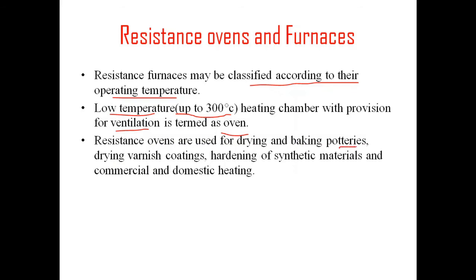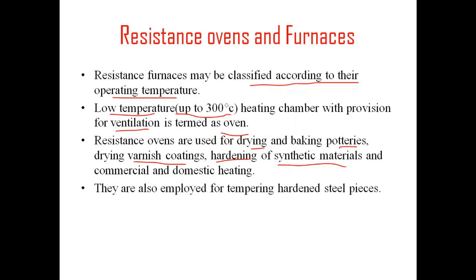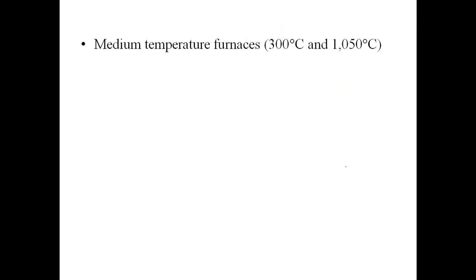We use it for baking or drying of potteries, and also for drying of varnish coatings, hardening of simple synthetic materials, not metals. Hardening of metals comes in industry, right? So this is the domestic purpose. These require less temperature, so we use a furnace with a low temperature, and that is called a resistance oven. They are also employed in hardening of steel pieces.